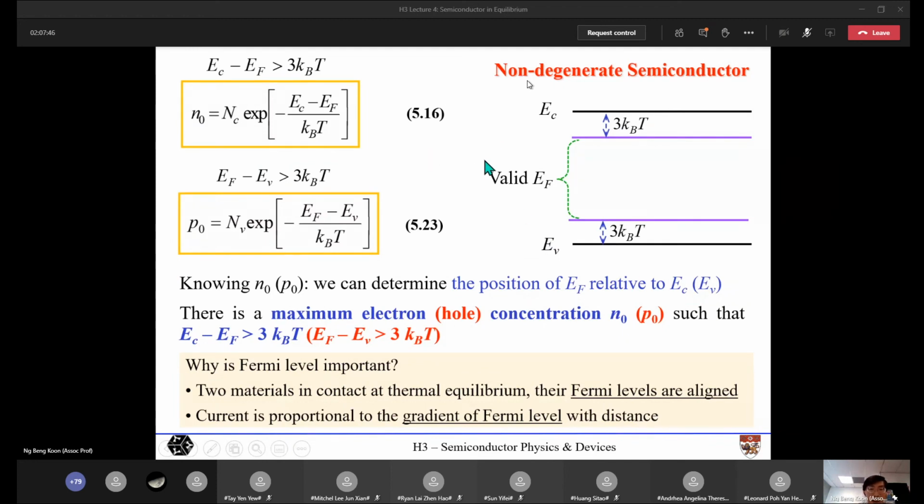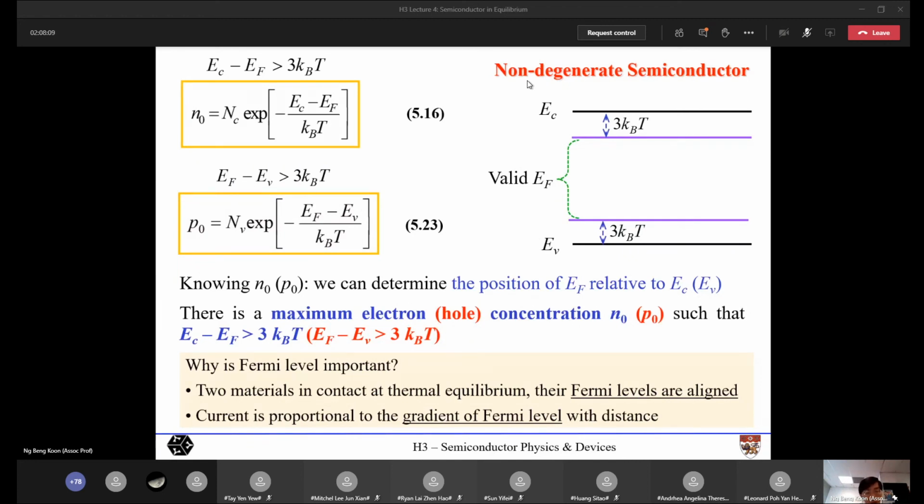Of course, the other question you may ask is, why are we interested to know about things like the Fermi level? It turns out that the Fermi level allows you to understand the conditions in the semiconductor in terms of how the carriers would flow.